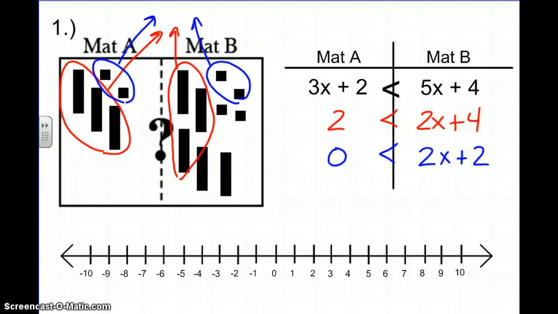So in order to get rid of those 2 positives, we would need to add 2 negatives. But if you add 2 negatives to mat B, to make it a legal move, you have to add 2 negatives to mat A as well.